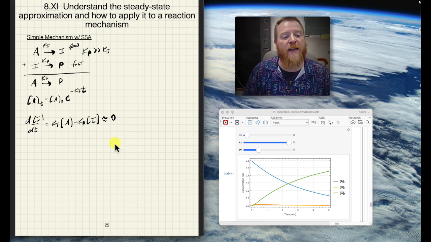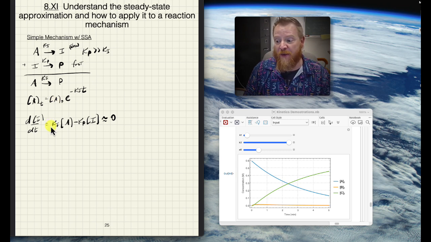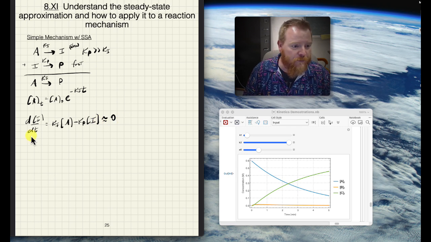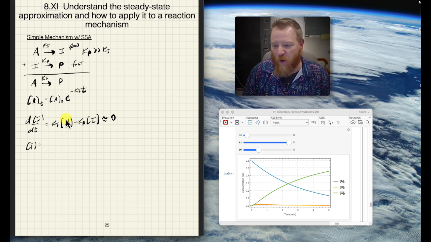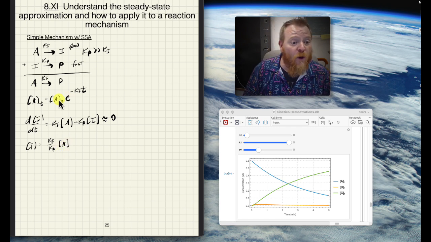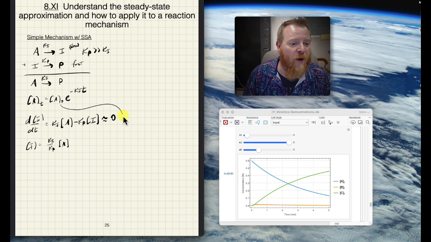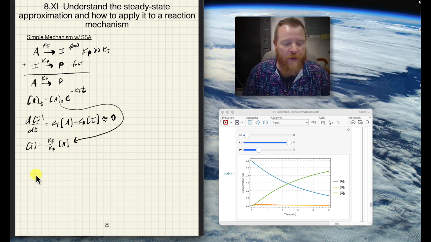Now this allows us to make some adjustments mathematically. Because I have this rate law set to 0, I can now get an approximate expression for I. Just doing the algebra, moving that over to the other side and dividing by Kp, that becomes Ki over Kp times A. We already have an expression for A, so we can plug that in right there.